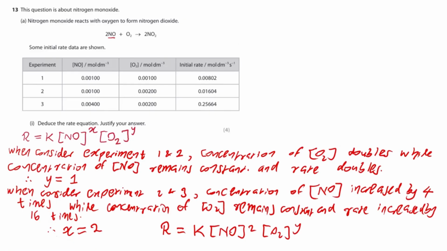To find the rate constant, I'm going to use experiment number 1, the first experiment. So we have their data: NO to the power 2 and O2 to the power 1. Okay, we'll use that data.